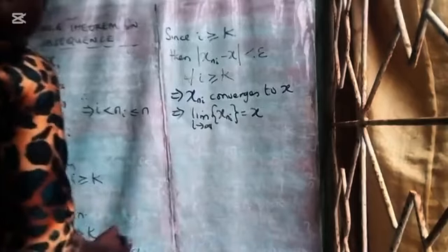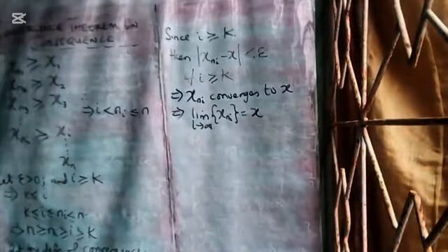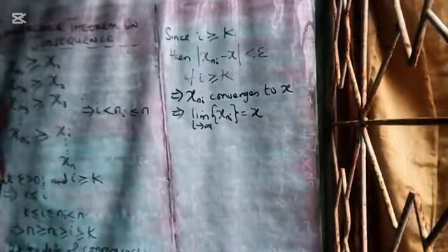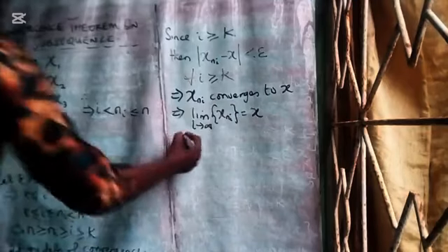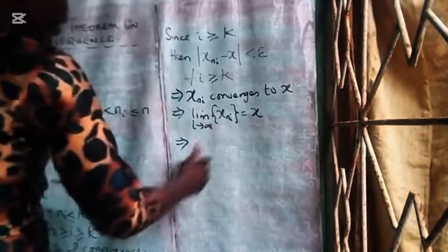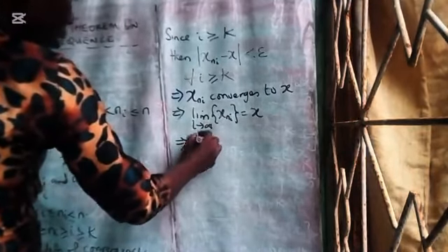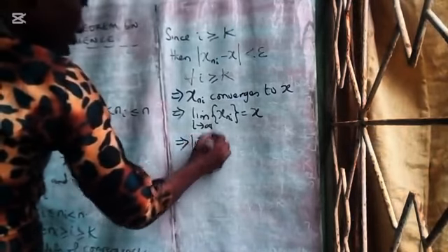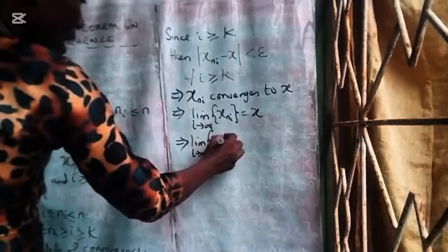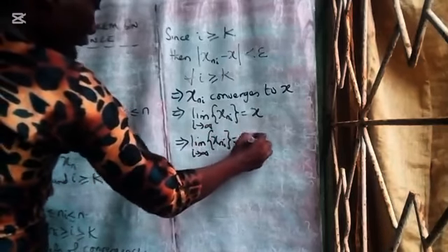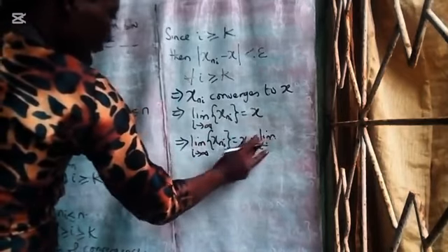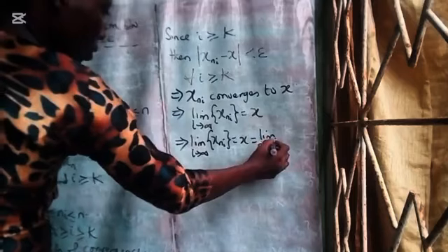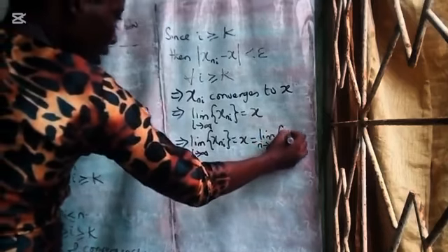x. But remember that since x of n converges to x, the limit of x of n is also equal to x. Therefore, this further implies that the limit as i tends to infinity of x of ni, which is equal to x, is equal to the limit as n tends to infinity of x of n.